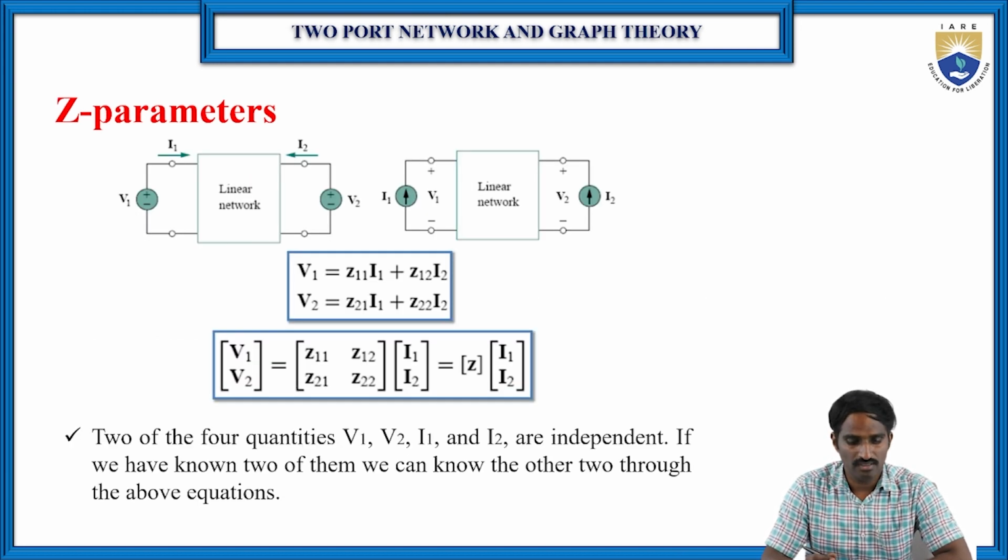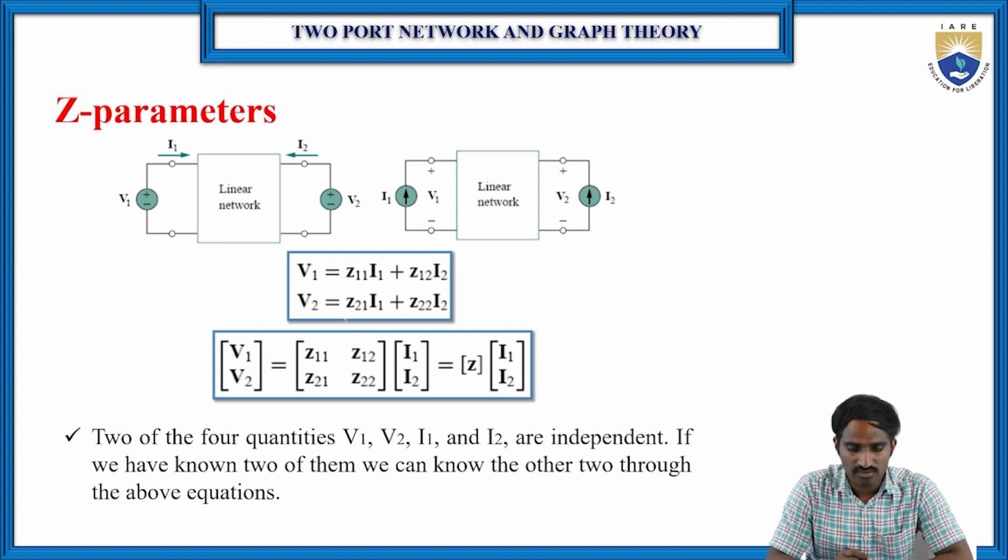We can find these by considering either the open circuit or the short circuit, but usually the Z parameters are called open circuit parameters, because by making one terminal open, we find the various parameters.